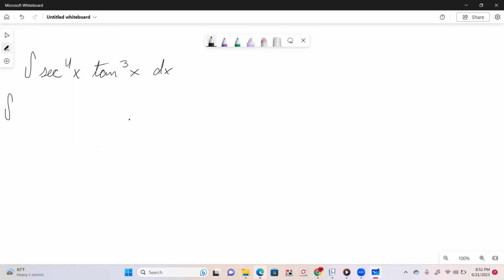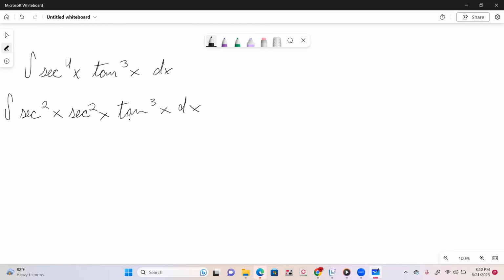But we can separate this into secant squared x times secant squared x, and then we can just leave tan cubed like that.